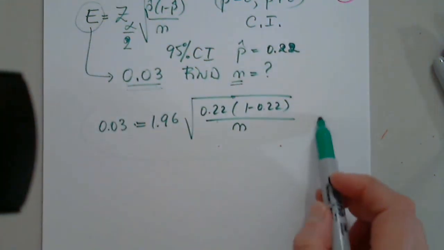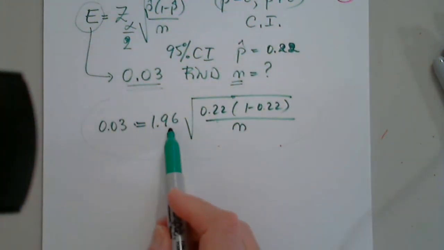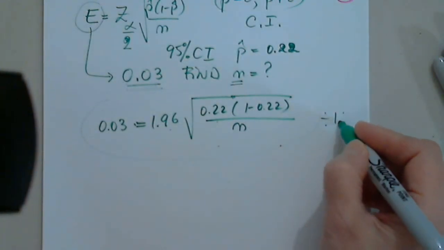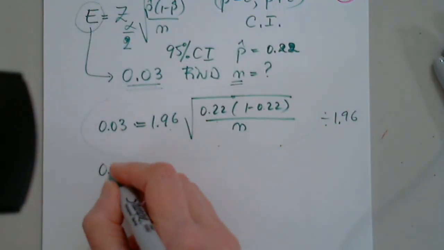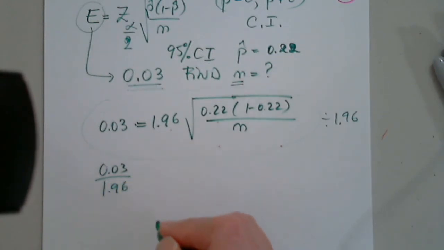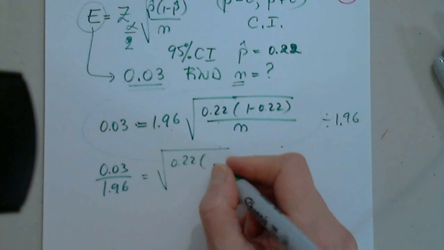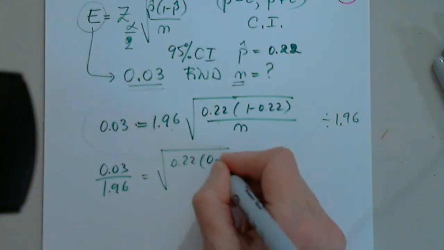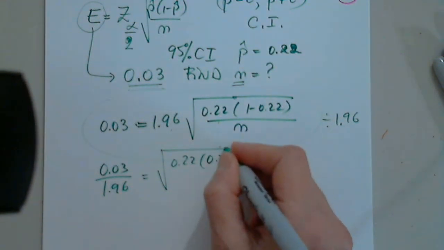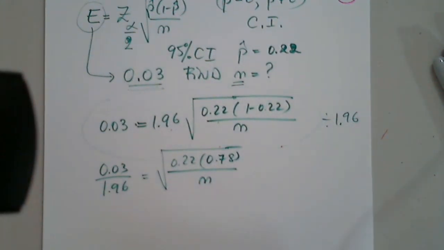How do I solve this equation for n? First, I'm going to divide both sides by 1.96: 0.03 over 1.96 equals the square root of 0.22 times 0.78 divided by n.